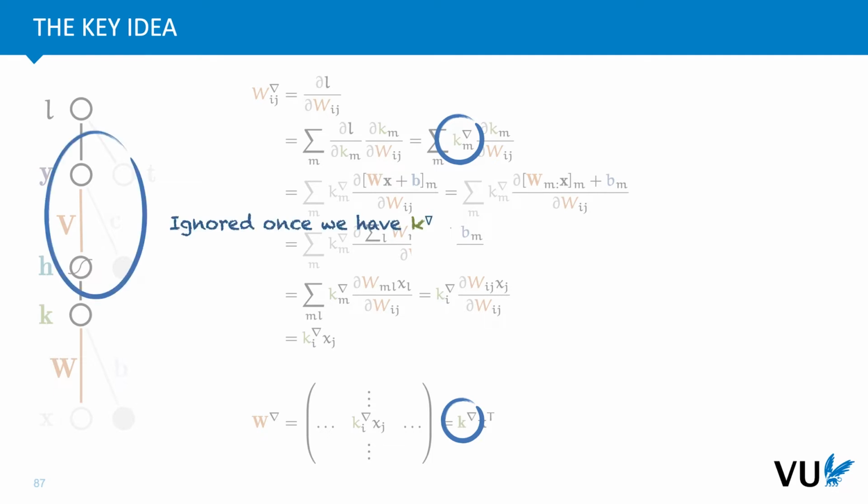We never have to worry about this part of the computation graph and what happens there, because we already have K nabla worked out. And this brings us to the key idea that powers backpropagation and automatic differentiation. Once we have K nabla, we no longer care about anything else that happens above K in our computation graph. That means we can start at the top and work our way downwards.